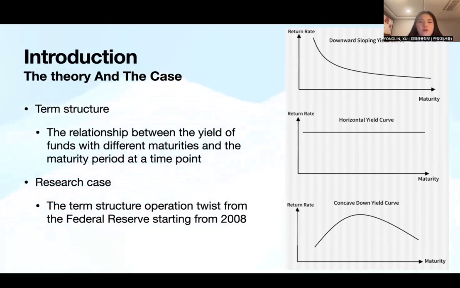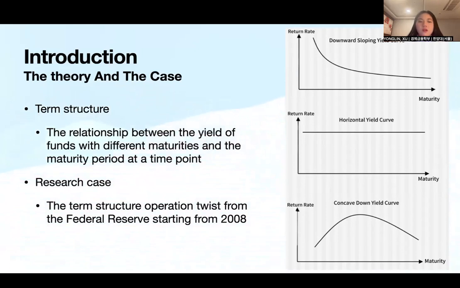The first round was from October 2008 to June 2010, when the Fed purchased approximately 1.725 trillion US dollars in government bonds, mortgage-backed securities, and other assets. The following round started from August 2010 to June 2011, when the Fed purchased 0.6 trillion US dollars of long-term government bonds.